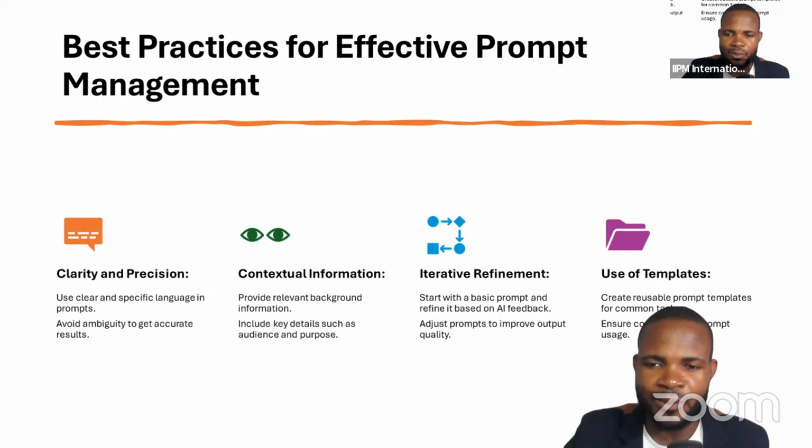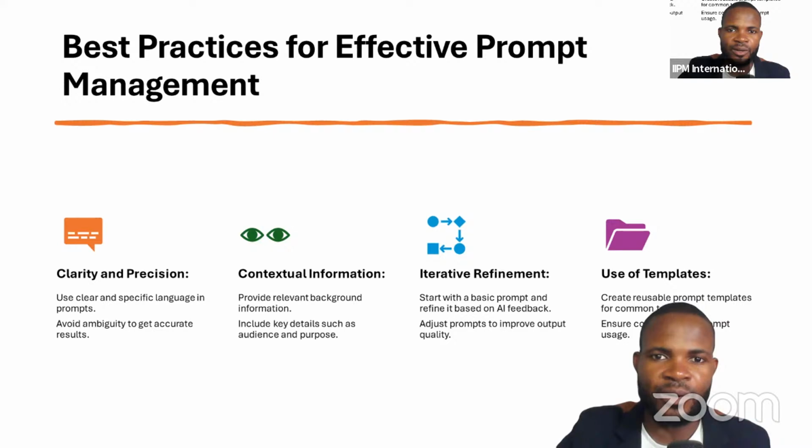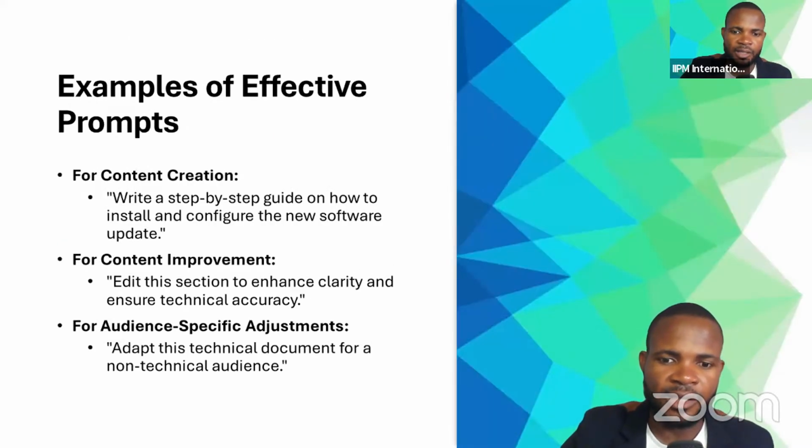Where it is possible, create reusable prompt templates for common tasks that you do. If you have reusable templates, it means you can just copy and paste, and then it will produce what you need. Of course, remember that this generative AI tool is learning alongside as you are giving it information.